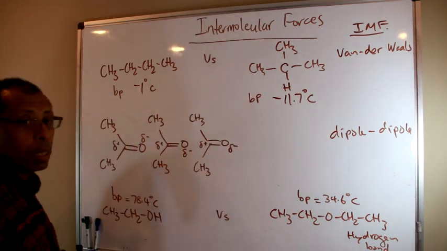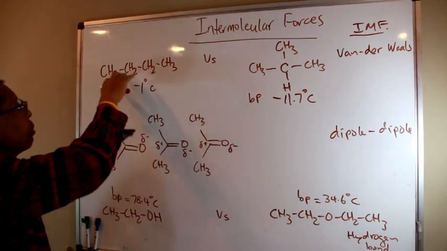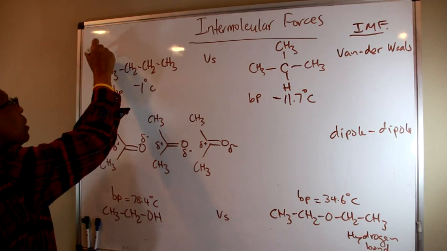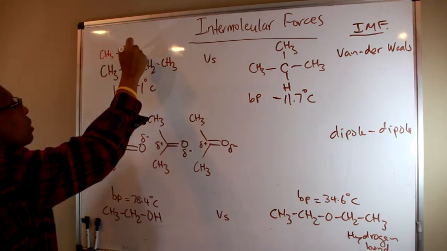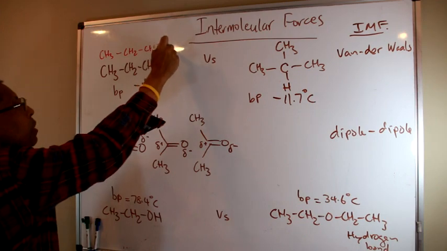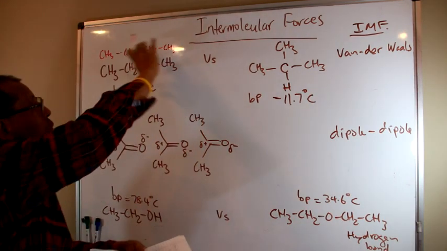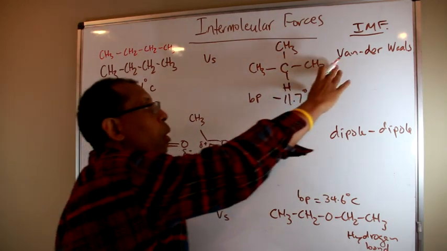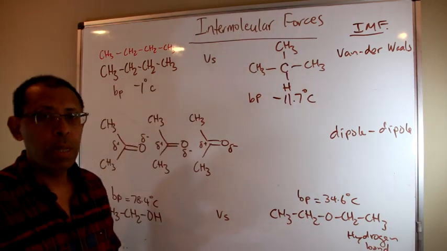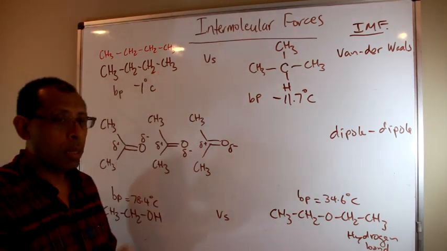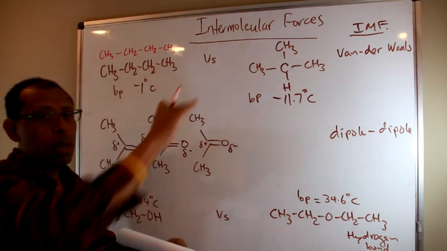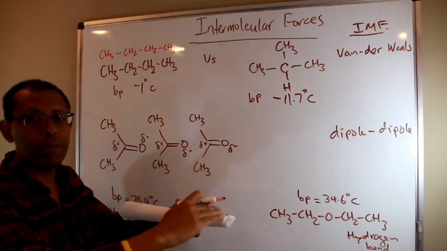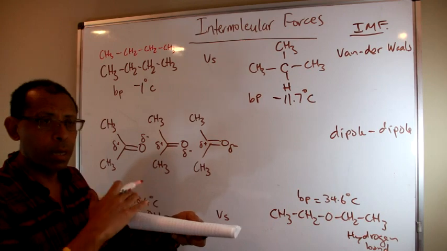The reason is that the intermolecular force is the force between the molecule and itself. For example, if you have another molecule of CH3, CH2, CH2, CH3, the intermolecular force is between these two. The longer the chain, the greater the van der Waals forces. What this shows us is that a straight chain compound would develop a transient charge on its surface. Those charges are not stable, they are just transient.